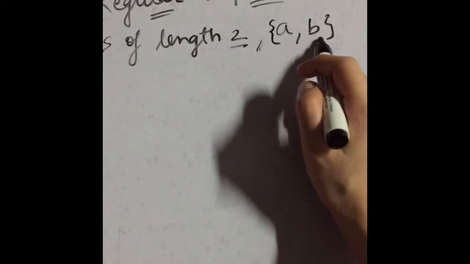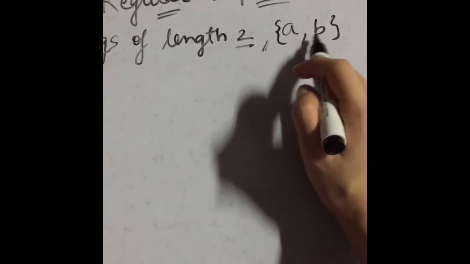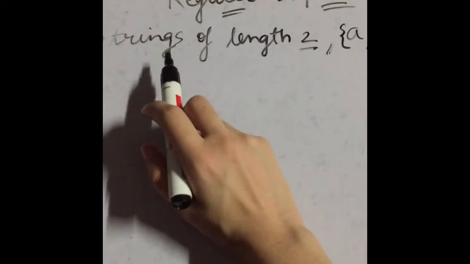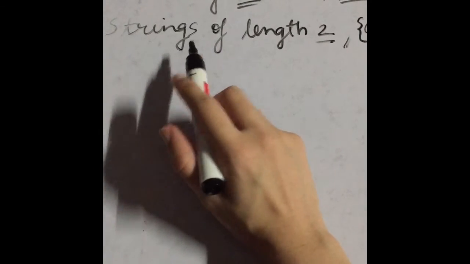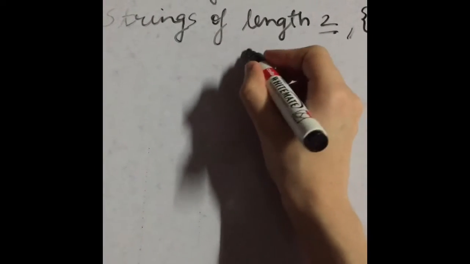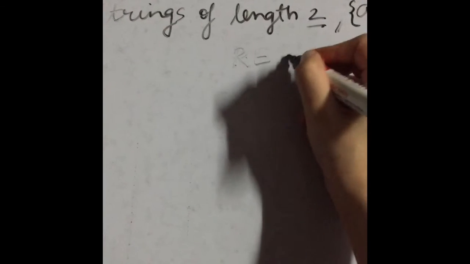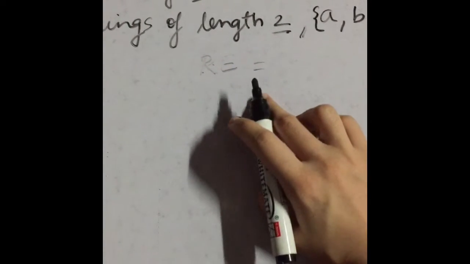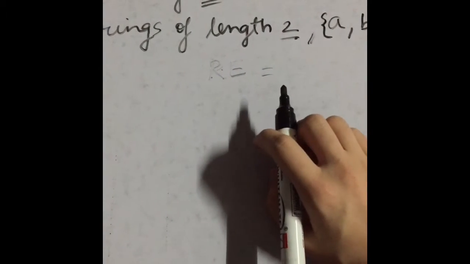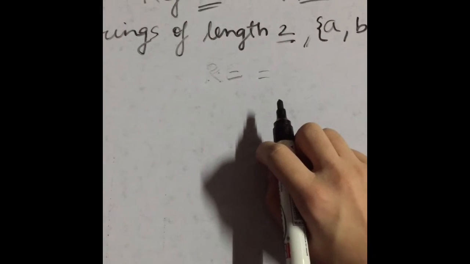So A or B, these are the inputs, and you want to show me the regular expression for those strings whose length is 2. I think it's constant. Why?